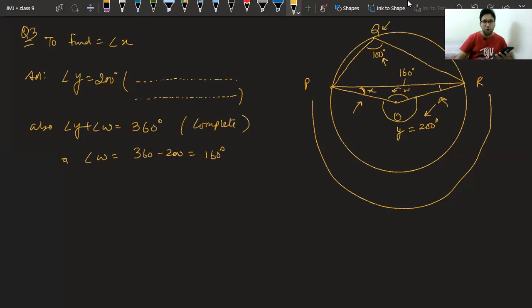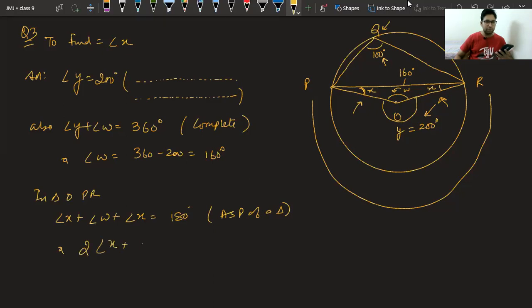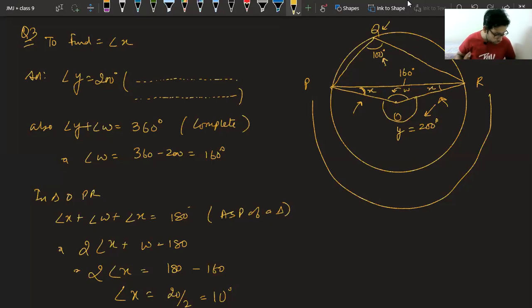So this angle is also X. So we can say in triangle OPR, angle X plus angle X plus angle W is equal to 180 degree by the angle sum property of a triangle, or twice angle X is equal to 180 minus W, that is 160. Answer is 20 upon 2, 10 degree. The answer is 10 degree, and we all have got this.